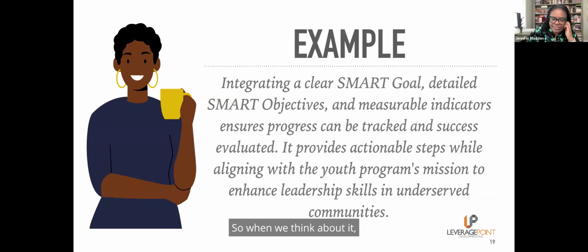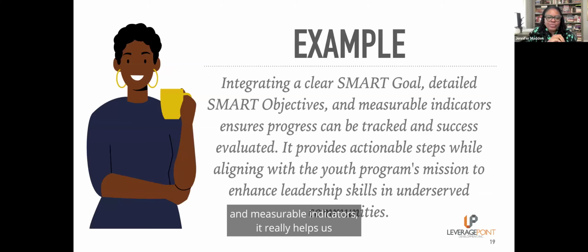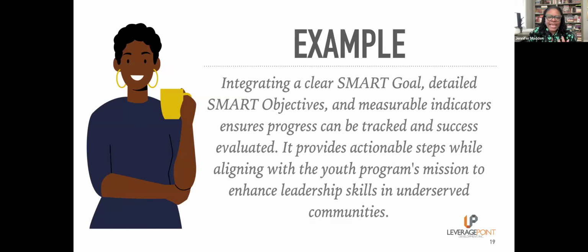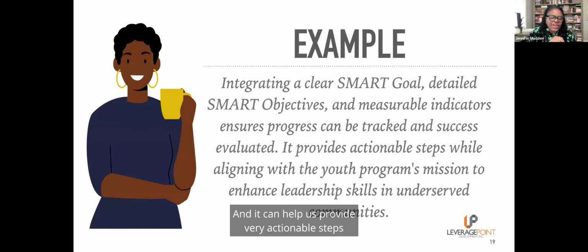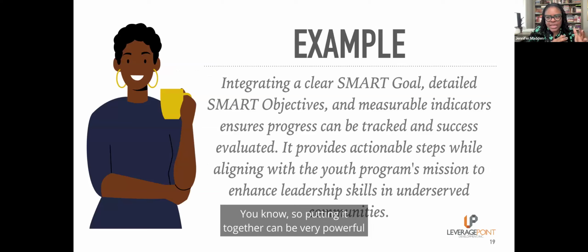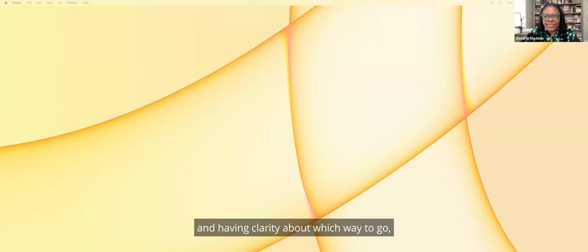When we integrate a clear SMART goal, detailed objectives, and measurable indicators, it really helps us to make progress, to track that progress, and it can help us provide very actionable steps that align with the work our organization does. Putting it together can be very powerful, and gives clarity about which way to go and how to move forward. Okay.